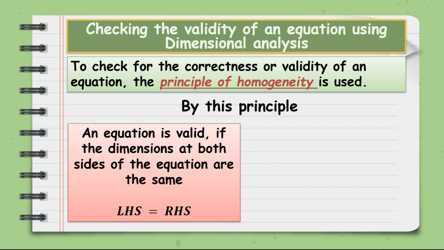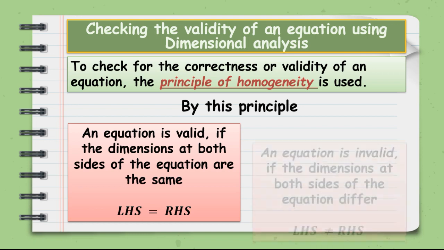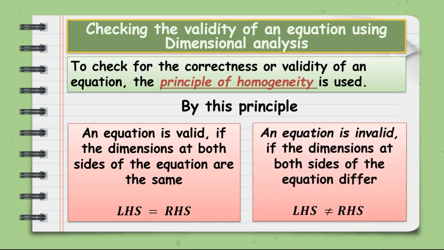That is, for any equation, there is a left-hand side and a right-hand side. So if the dimension on the left-hand side and that on the right-hand side are the same, then that equation is dimensionally valid.